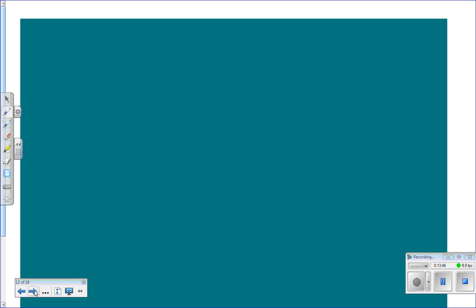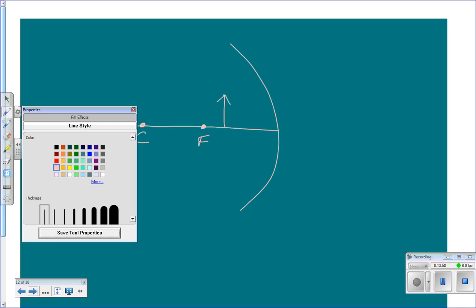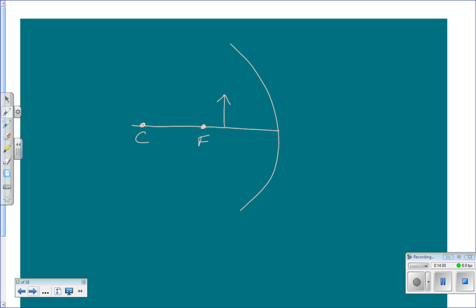Show you real quickly how that works. So here's our mirror, principal axis, center of curvature, focal point. We put the object in here. Then ray 1 still goes parallel and then back through the focal point.